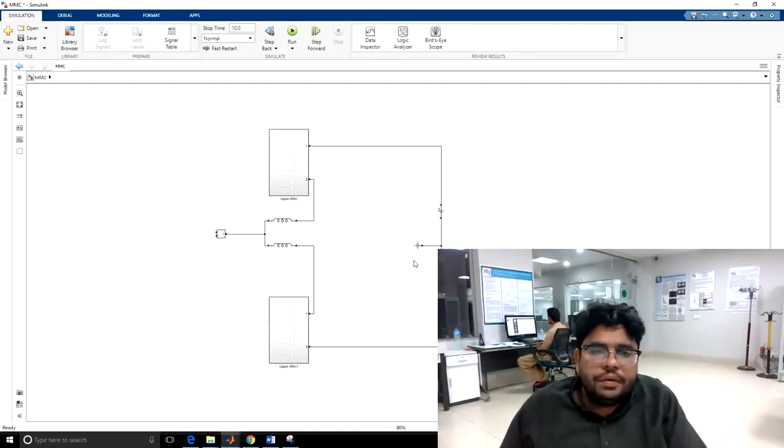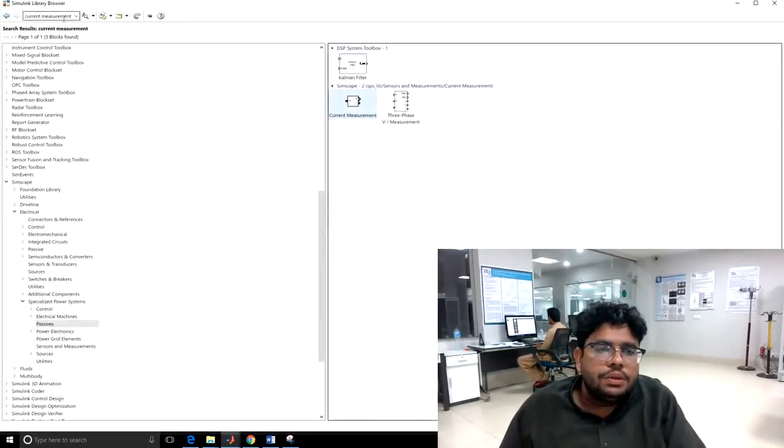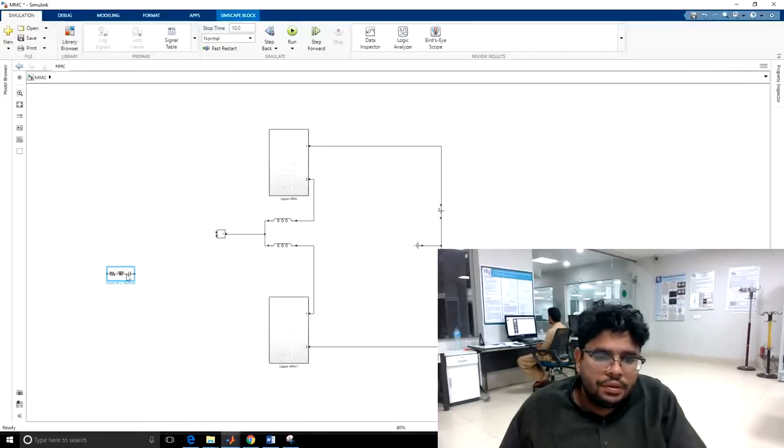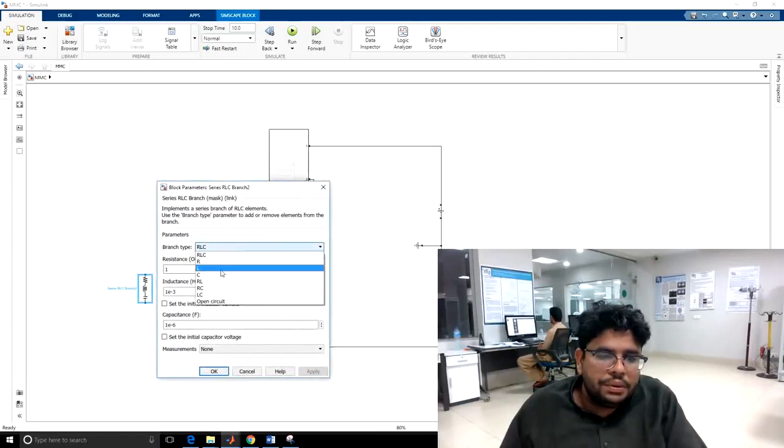We need to connect one load, so series RLC branch, rotate it, make it RL load.